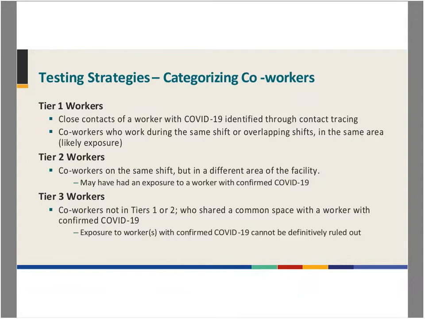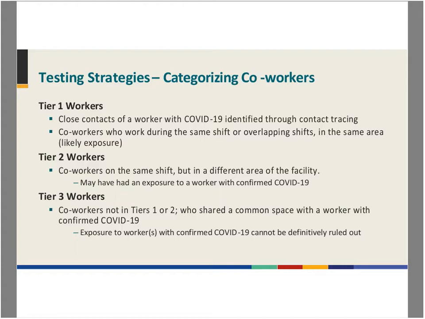But because in this setting it's hard to identify everybody that way, you should also consider coworkers who work during the same shift or overlapping shifts in the same area, depending on how the facility is set up. That might be a room or a line or whatever. You should consider them as having more likely exposure in part of Tier 1.